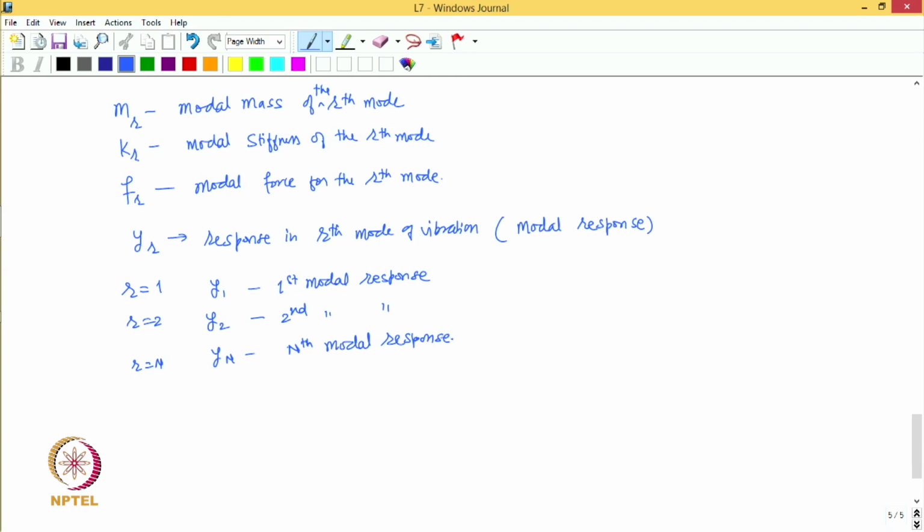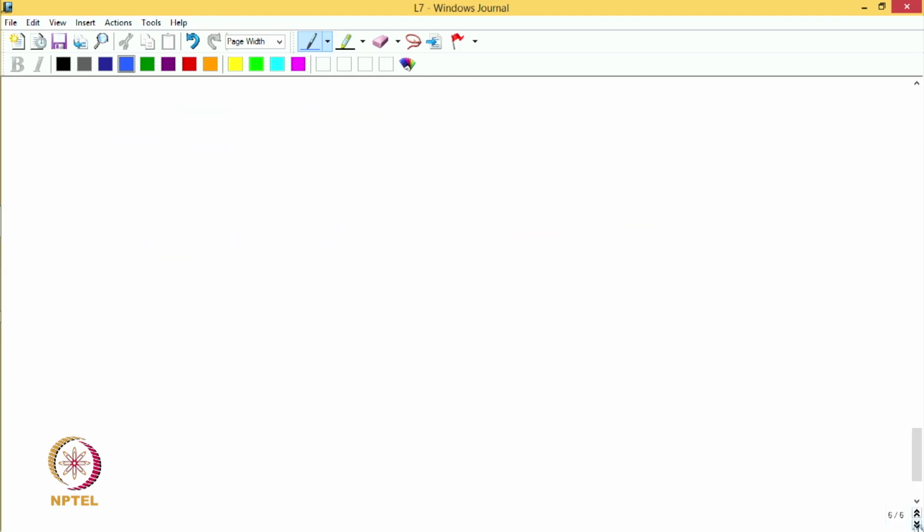So, based on this we now define what is called modal space. Modal space is the space spanned by the eigenvectors of the system.